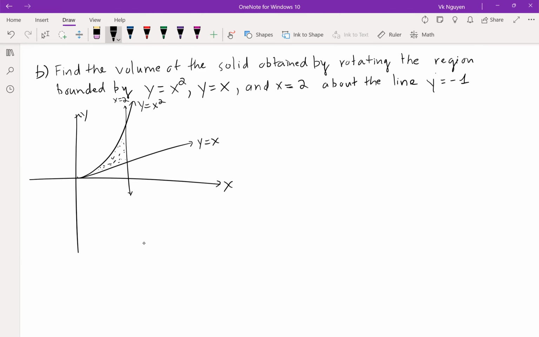So next thing is we're going to rotate this about the line y equals -1. When we do the rotation, just be a little careful here. Here comes -2, and this is going to be like this.